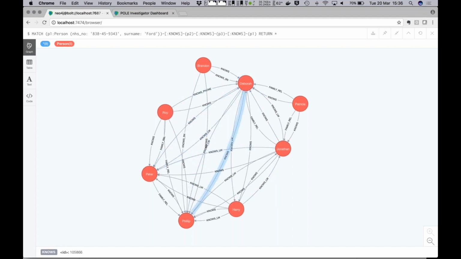So Deborah and Jonathan live with quite a few other people that Patricia, their mom, is not directly linked to in the graph. But you might say it's probably pretty common for a mother whose two children live together to maybe have at least met some of their roommates, right? So you can start to infer relationships that aren't necessarily persisted in the graph or haven't been recorded already. You might then be able to create a new inferred relationship between Patricia and Deborah and Jonathan's roommates to at least say that it's likely that they've met or perhaps they know each other.